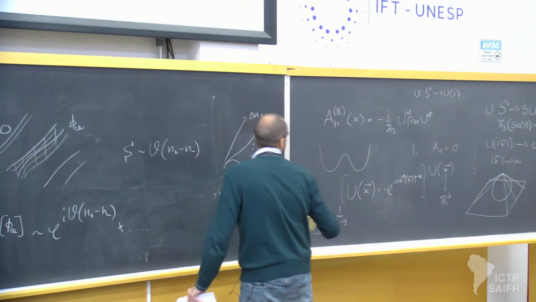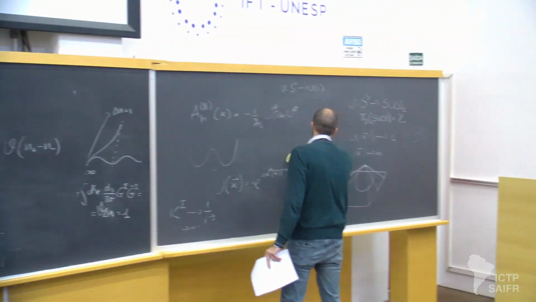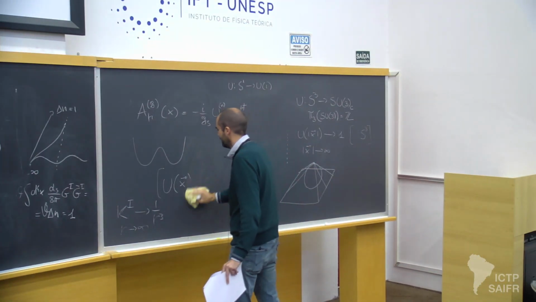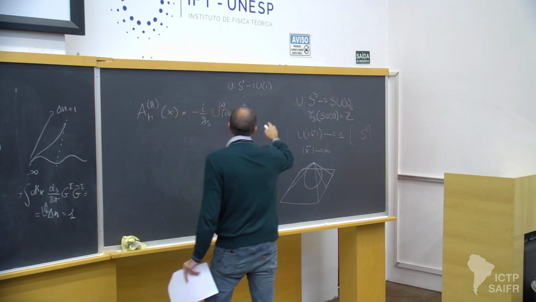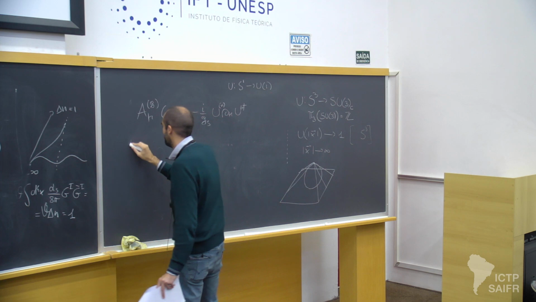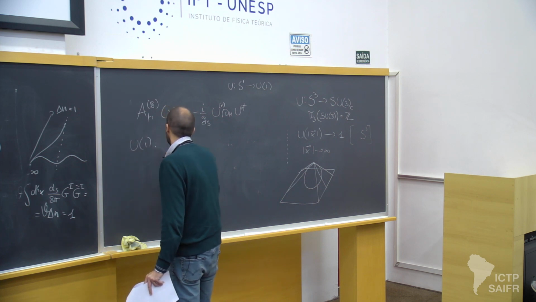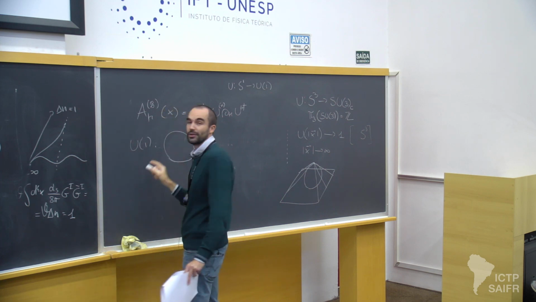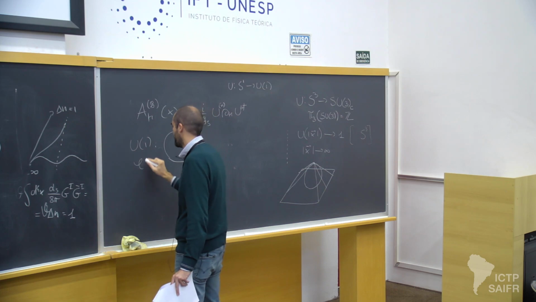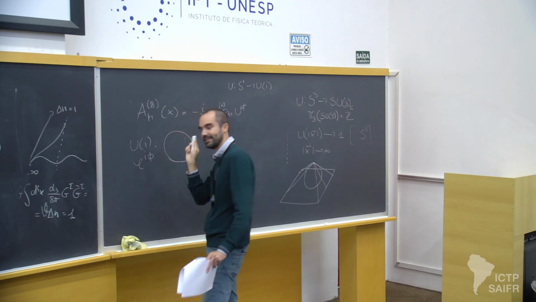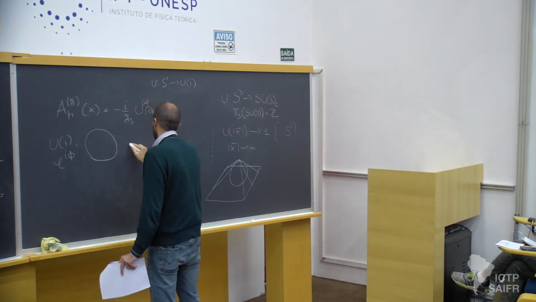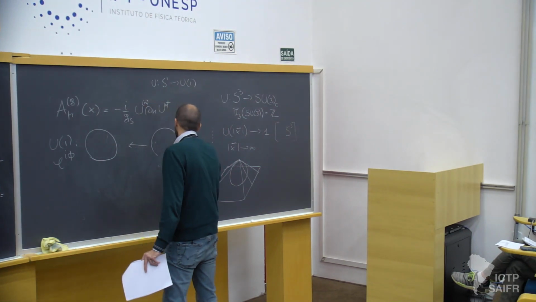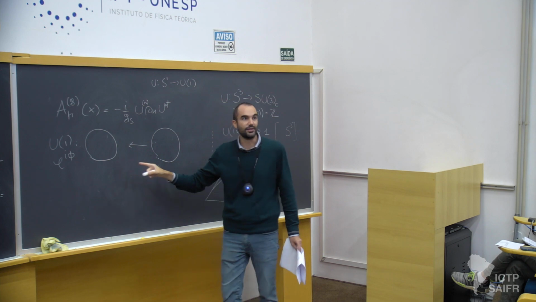U1 is itself a circle, right? Because any element of the group can be written as e to the i times some phase. So you're asking in how many ways can I map a circle to another circle?